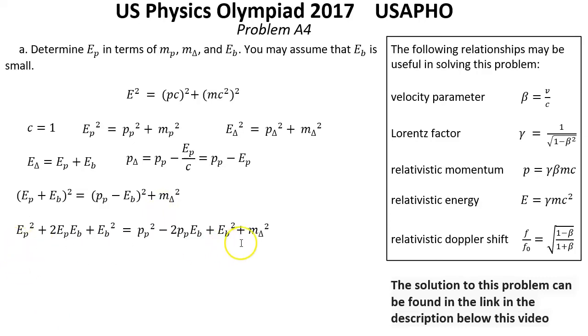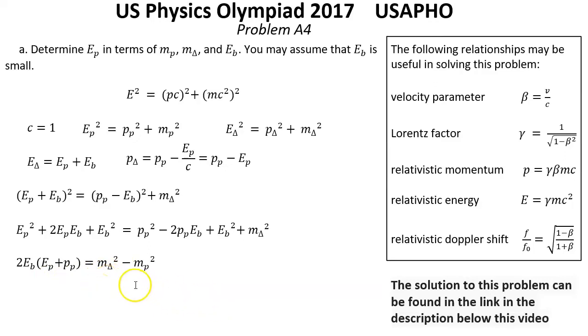After squaring, we have this equation. E_b squared cancels from both sides, and now we can subtract from this equation the initial expression for the proton energy, and that will give us this expression.